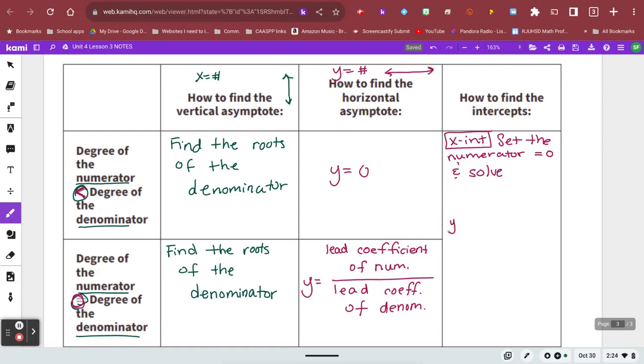And then for the y-intercept, you're going to substitute 0 in for all x's and then solve it.